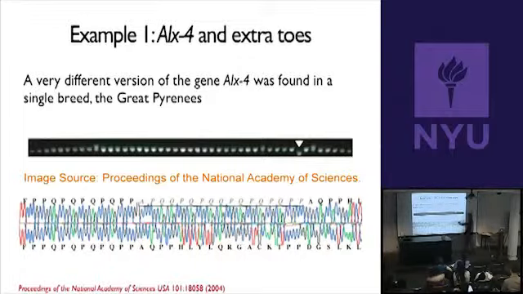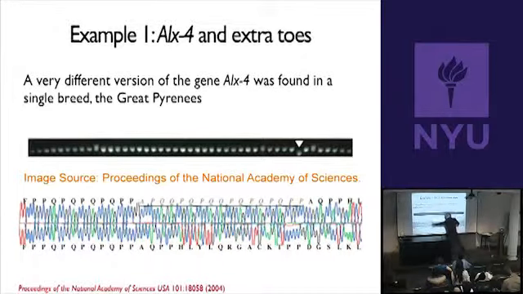That is, the polymerase had a problem here, and it skipped right from here to here. And you can see that this is the sequence from the Great Pyrenees, because the sequence after, this is the single letter amino acid code, so these are codons, right? So after this deletion is AQPP, alanine, glutamine, proline, proline. And instead of being here, that sequence is way over here, alanine, glutamine, proline, proline. So you have this shifting of the sequence where this part of it got chopped out.